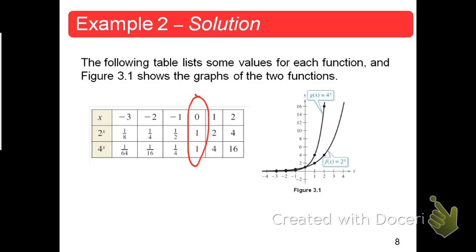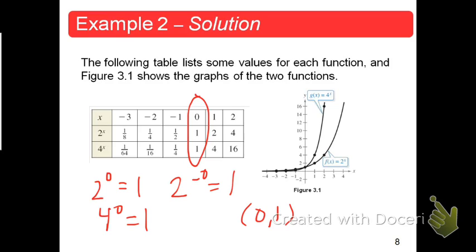Anytime I put in a 0, say 2 to the 0, I get 1. 4 to the 0, I get 1. Even when I had 2 to the negative x, 2 to the negative 0, I get 1. So what do we notice about our graphs? We notice that it always goes through the point 0, 1. And this is going to be one of the main characteristics we're going to know about our exponential function. It will always pass through the point 0, 1.